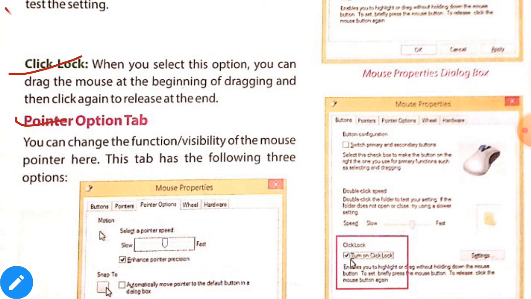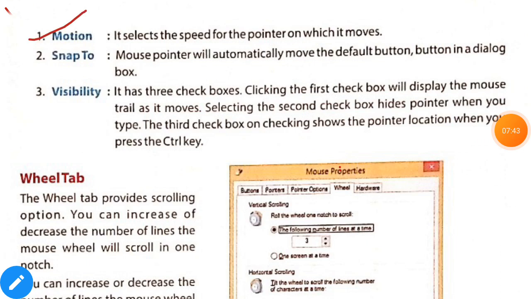This tab has the following 3 options. How many options? 3 options. First is Motion, second is Snap To, and the third is Visibility. First is Motion. It selects the speed at which the pointer moves. Snap To: the mouse pointer will automatically move to the default button in the dialog box.